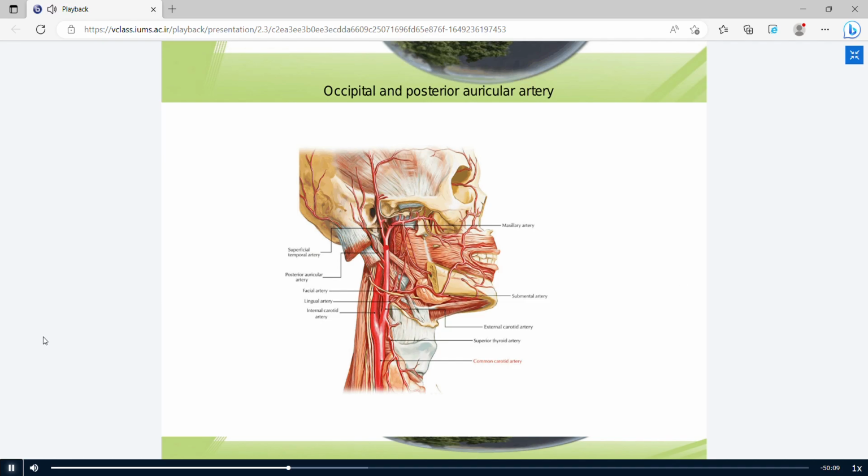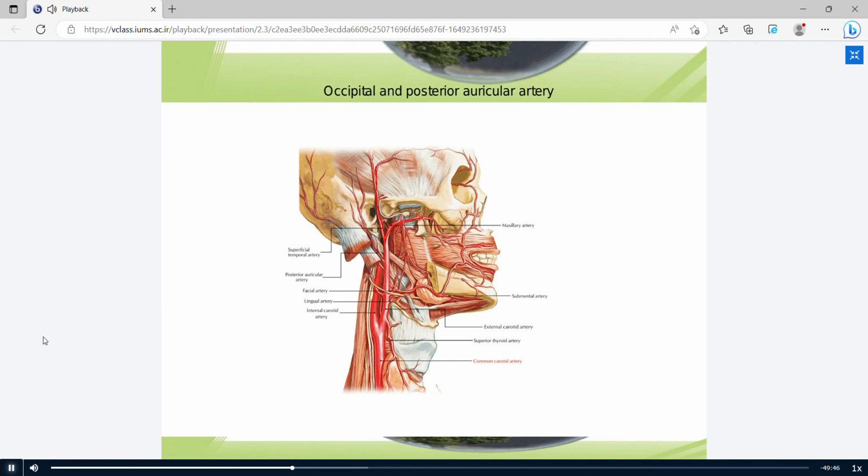And finally, the external carotid artery divides into the maxillary artery and the superficial temporal artery. The superficial temporal artery travels upward into the temporal region.